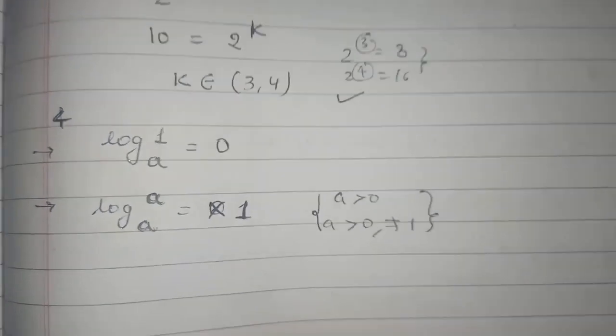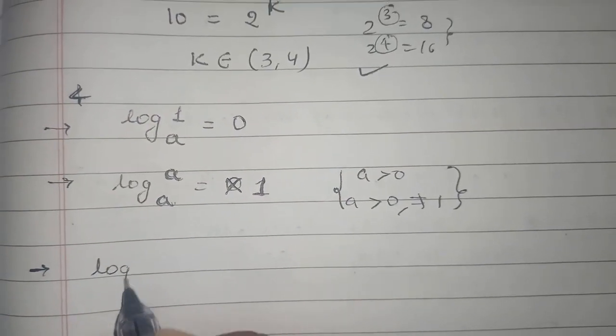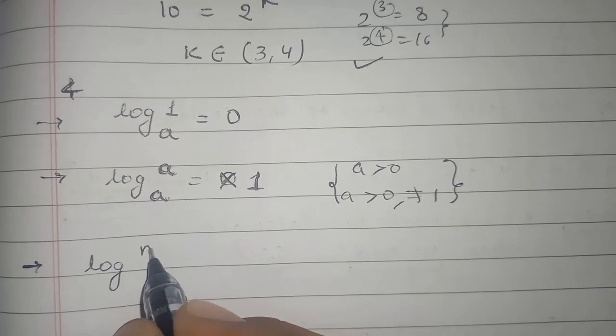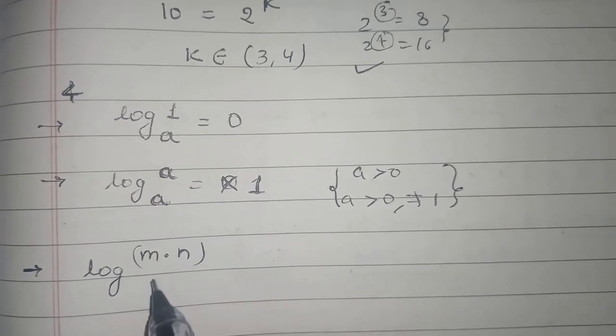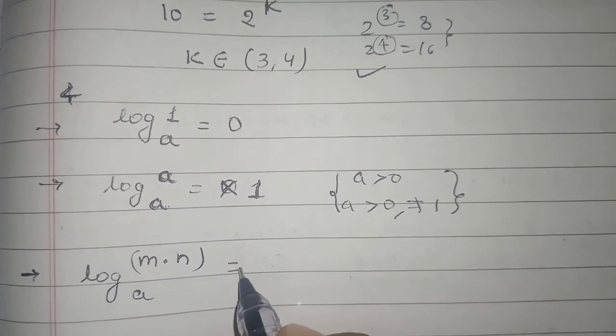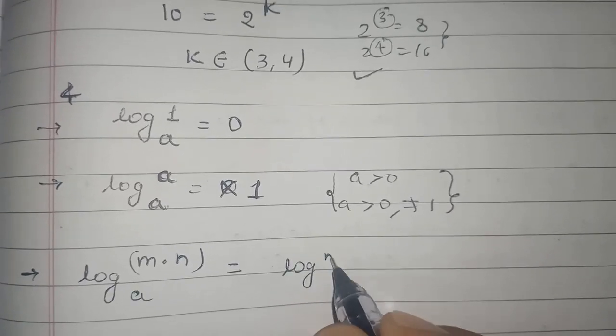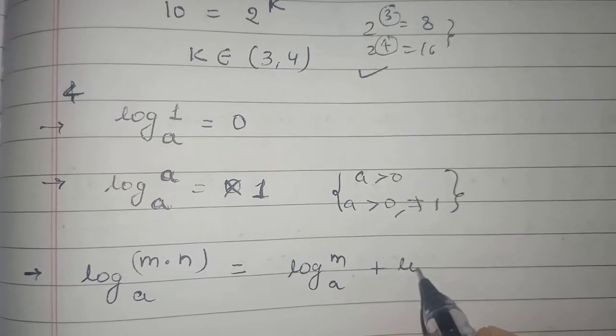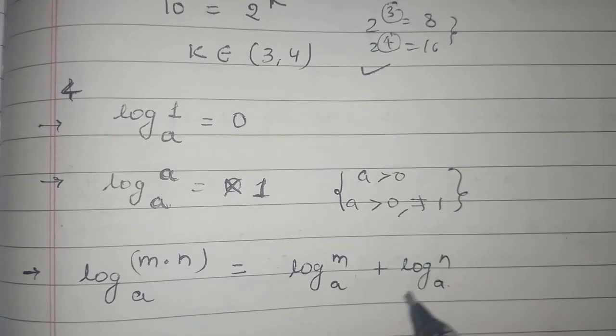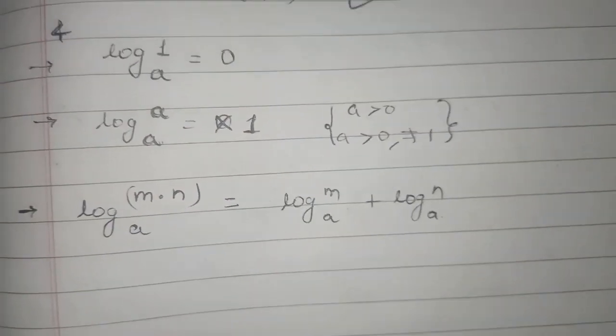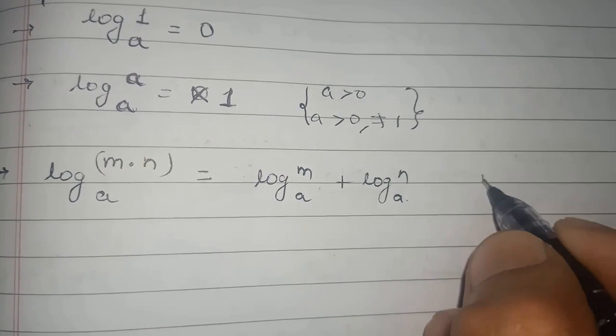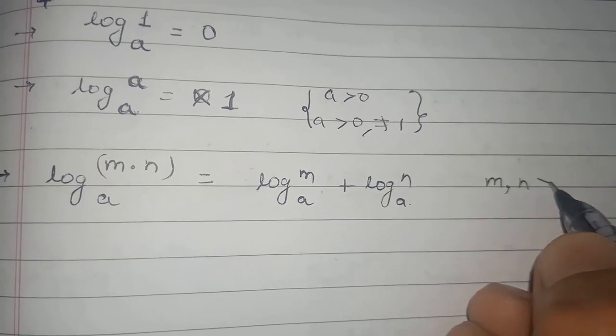Now next is log of m into n to the base a is equal to log m to the base a plus log n to the base a. Also m and n must be greater than 0.